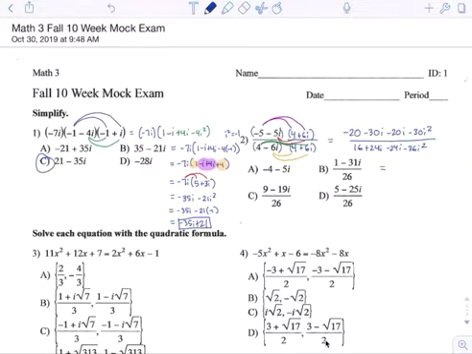Now, remember, both our i squares become negative. So -20 minus 30i minus 20i minus 30 times -1, all over 16 plus 24i minus 24i minus 36 times negative 1.